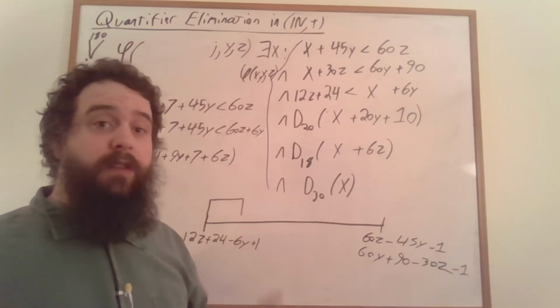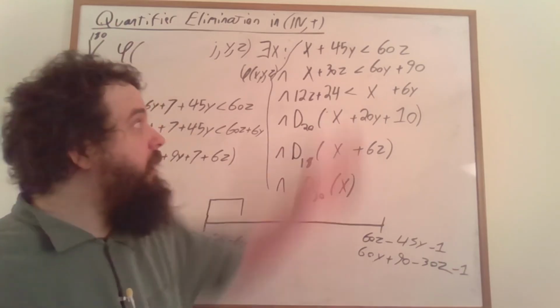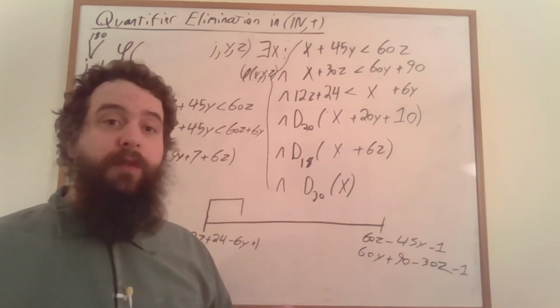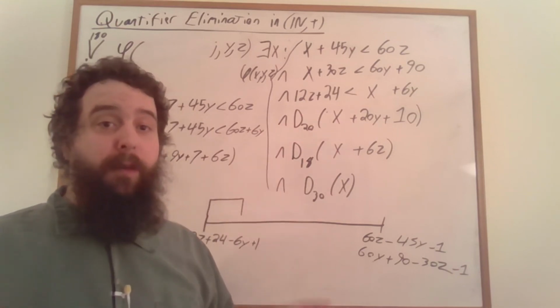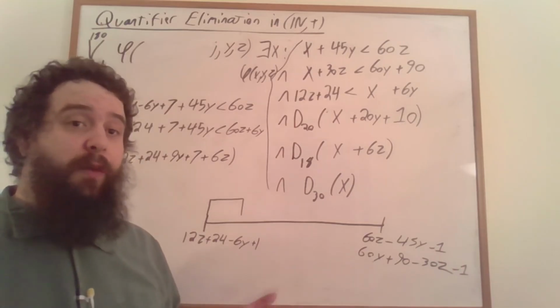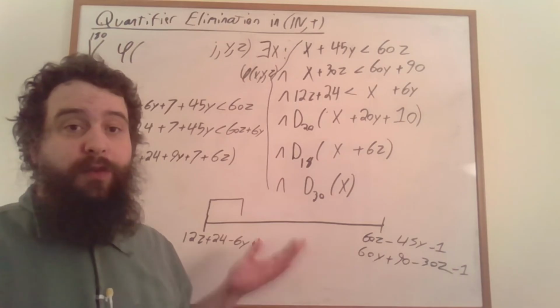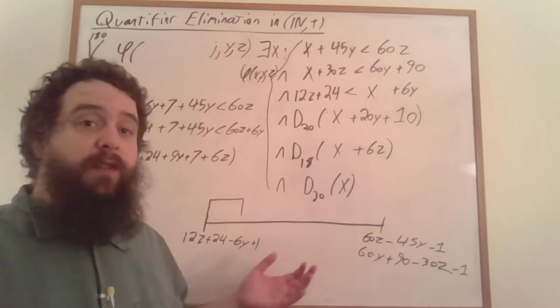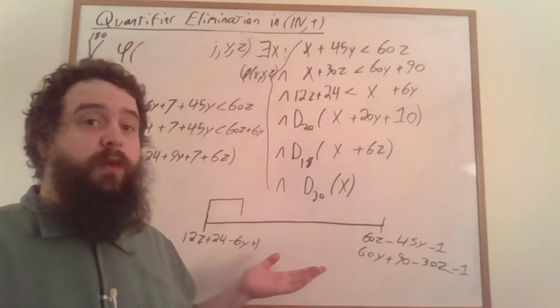In other words, it would be some Boolean combination of inequalities and divisibility checks on concrete numbers, one added to itself some number of times, or maybe 0. And then we would just have to work out whether or not that Boolean combination was true or false, which is a straightforward thing to do, and that would tell us whether our original formula was true or false.